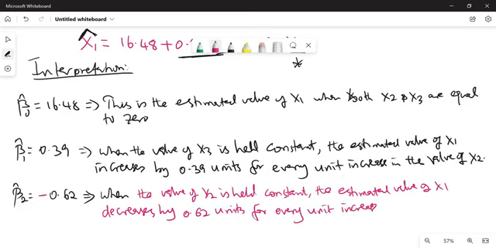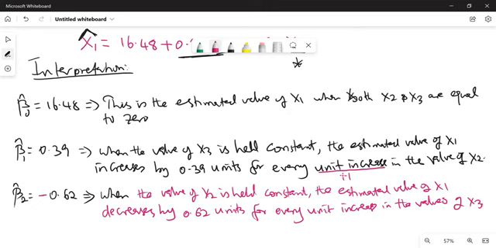The word unit increase here means +1. Unit is 1. So if you do +1 in the value of x2, or +1 in the value of x3, and so on. So the estimated value of x1 decreases by 0.62 units for every unit increase in the value of x3.